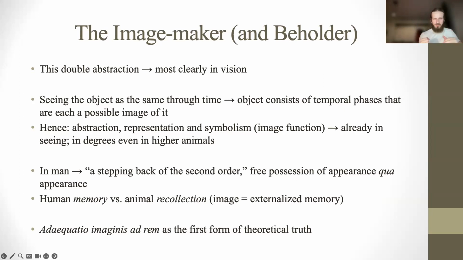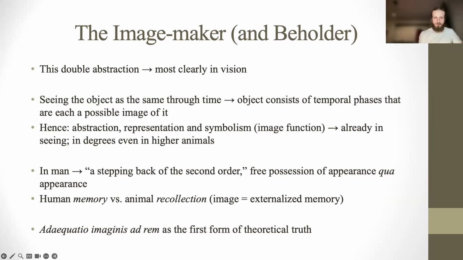we perceive the object through a set of different temporal phases, each of which is a possible image of the object itself. The object itself isn't any of those temporal phases, and yet it can be represented by any of them. Any of those is, in a sense, the object, but the object isn't any of those.